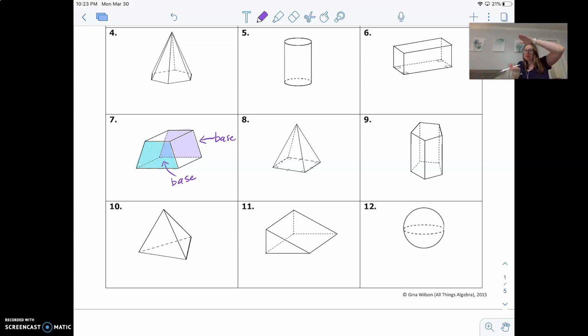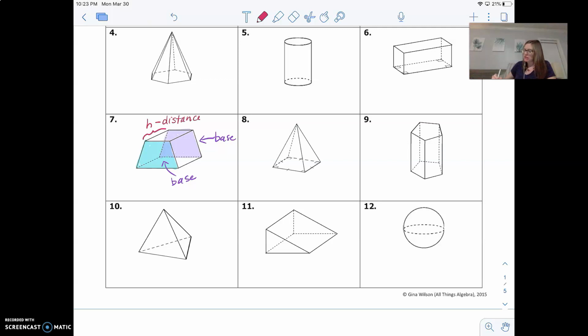So think about this prism as laying on its side. What that means though is the height is no longer how tall it is. That's not what I want you to think of it as. The height of a prism is always the distance between the bases.